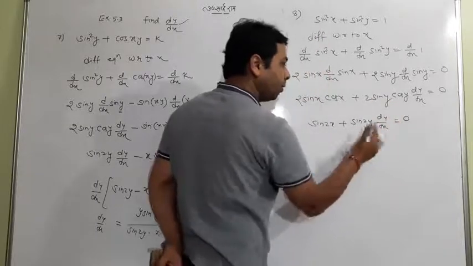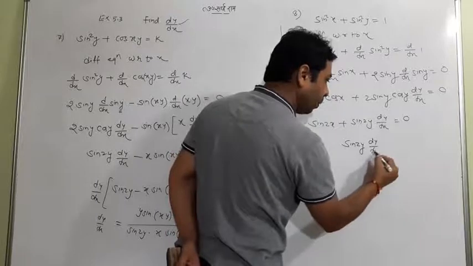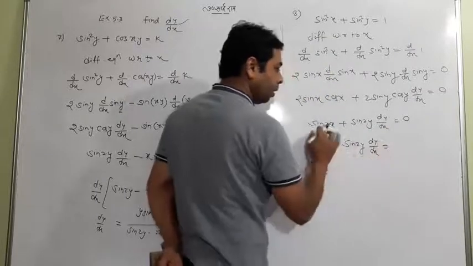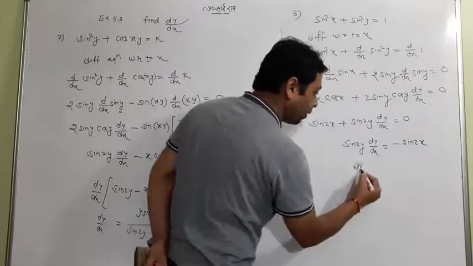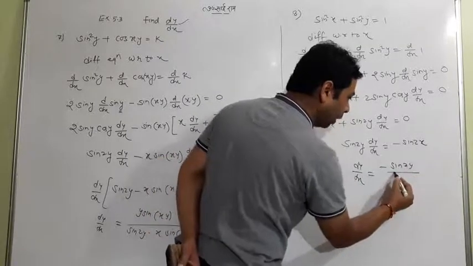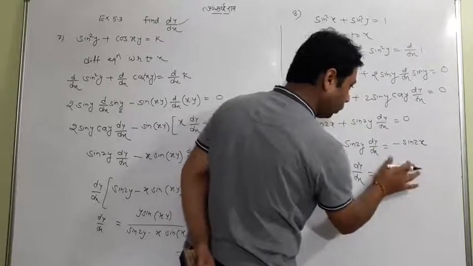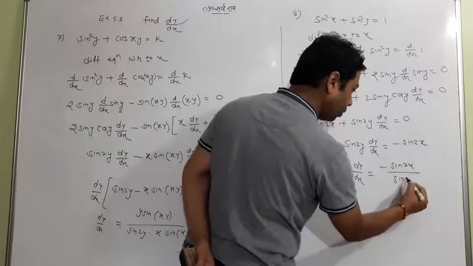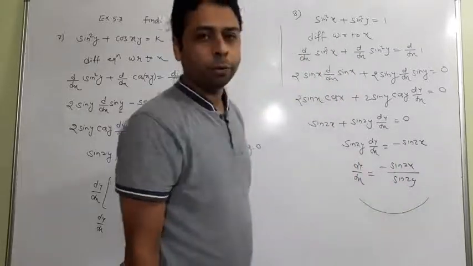We want to find the value of dy by dx, so I will keep the dy by dx term here and transfer the sin 2x. And lastly, dy by dx is equal to sin 2x upon sin 2y. This will be transferred downside, and that's the answer to your question.